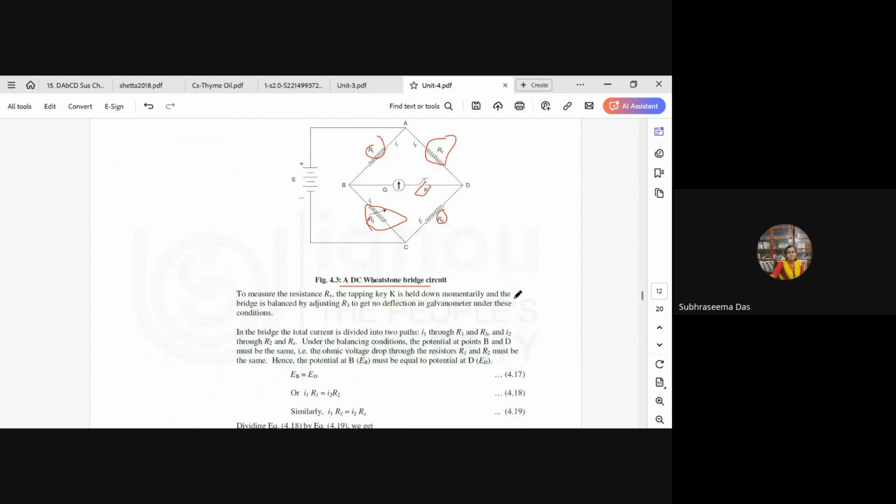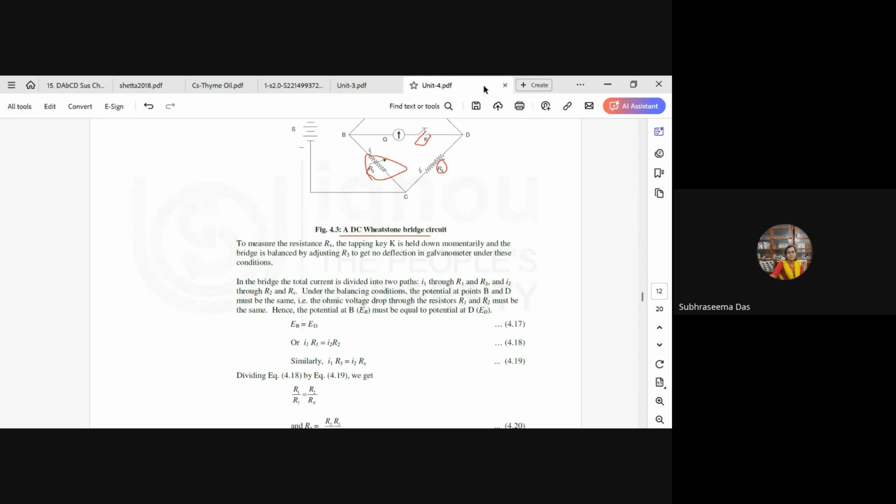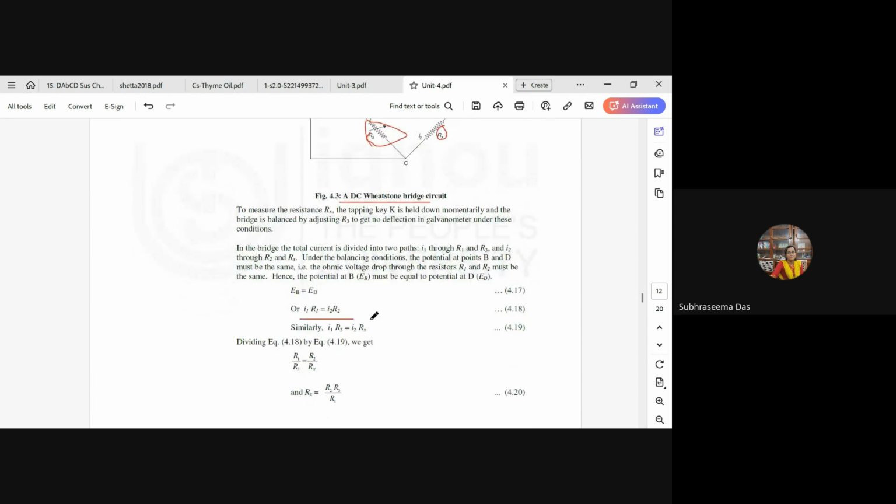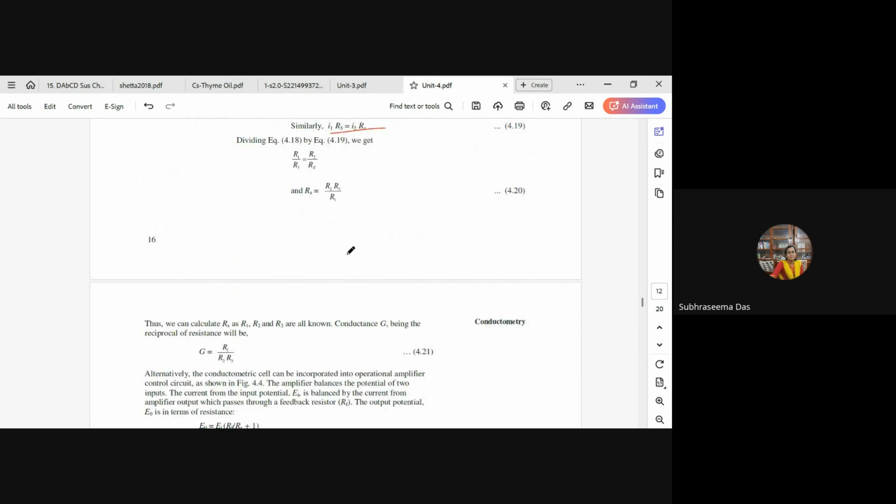Now to measure the resistance Rx, the bridge is balanced by adjusting R3. So the potential at B will always have to be equal to the potential at point D. That is, EB is equal to ED, or I1 R1 is equal to I2 R2. Similarly, I1 R3 is equal to I2 Rx. Dividing the equations, the resistance of the unknown resistor Rx is given as R2 by R3 into R1.